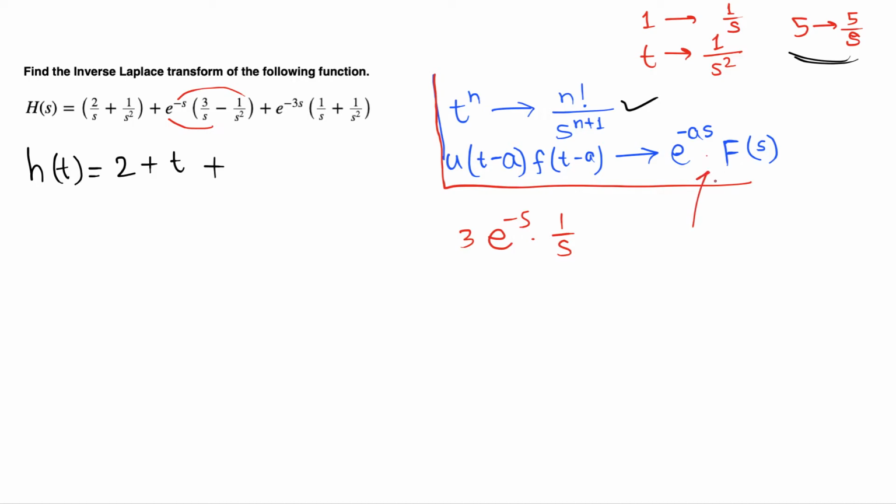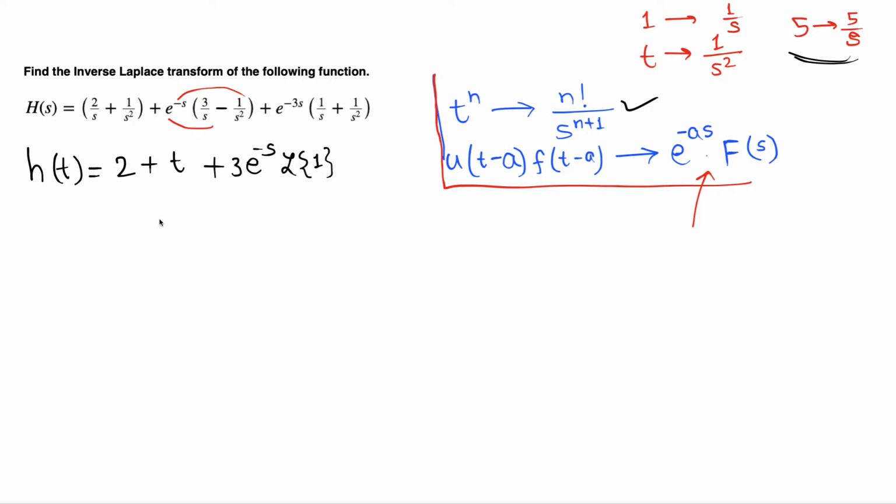So I'm going to write it in this way so that we can take inverse Laplace. For this part, I'm going to write e to the negative s, 3 over s, I can pull 3 outside, 1 over s, and 1 over s is Laplace of 1.